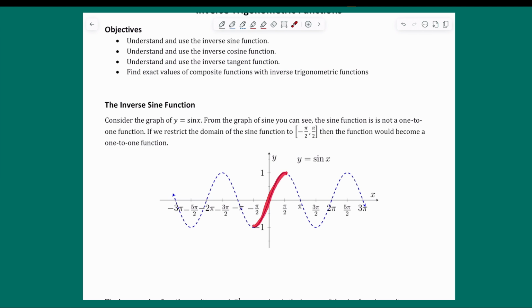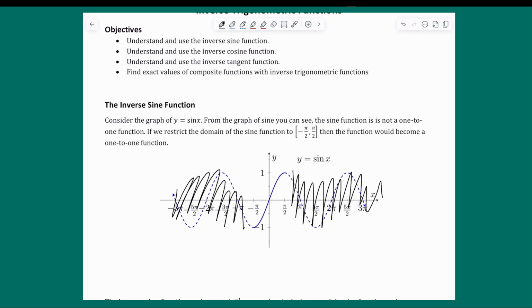Okay, so if we basically ignore the rest of the trig function and just look in the area between negative pi over 2 to pi over 2, we get a nice one-to-one function. And we could define the inverse of it.